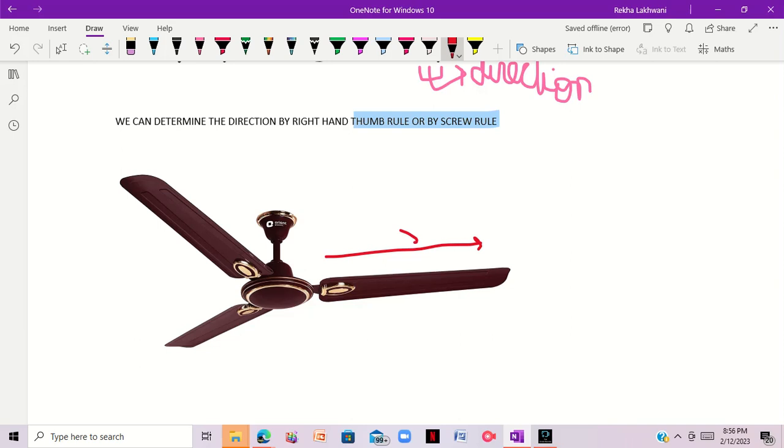This is R, and I have applied force in this direction. And obviously there will be two components, the F cos theta and the F sine theta, right?